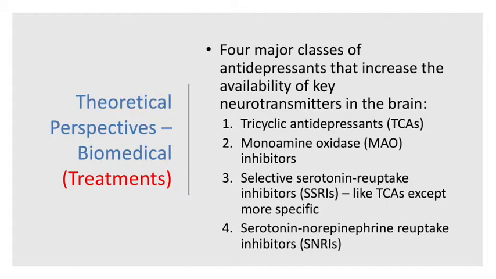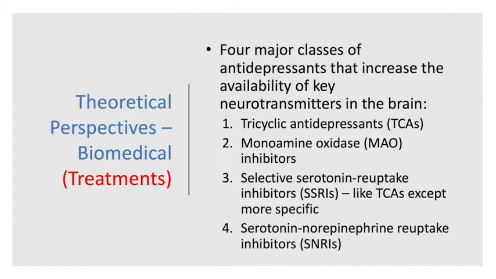The newer classes of antidepressant medications include things like selective serotonin reuptake inhibitors, SSRIs. We'll talk about the mechanisms of that when we get to the treatment unit of our lectures. And the very, very newest class of selective reuptake inhibitors, we call those serotonin norepinephrine reuptake inhibitors, SNRIs.